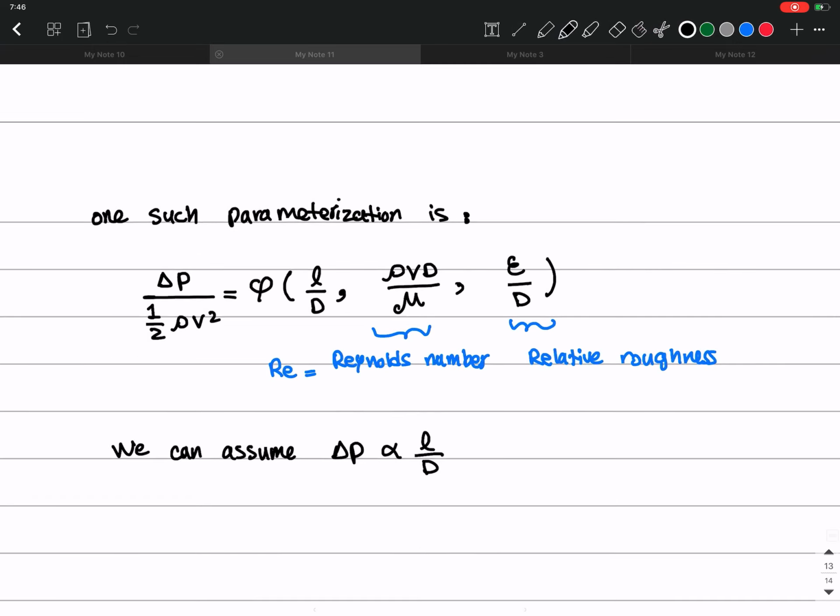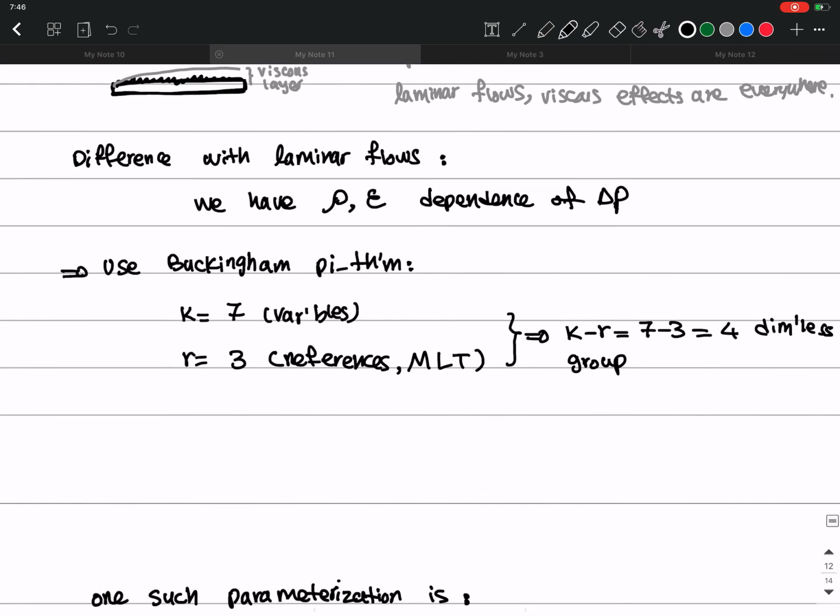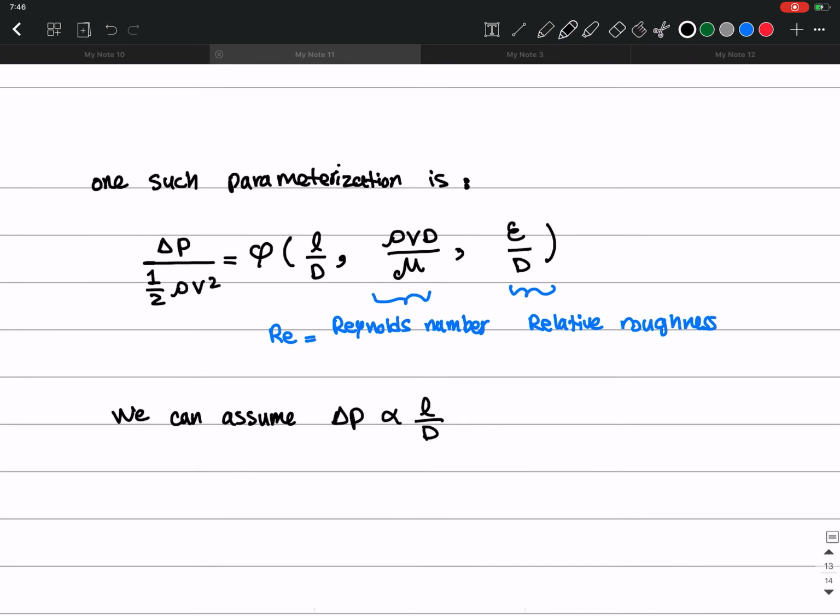And if the diameter of the pipe is larger, it's related the other way: the pressure drop is going to be smaller.